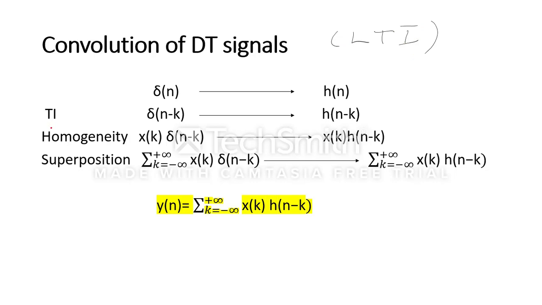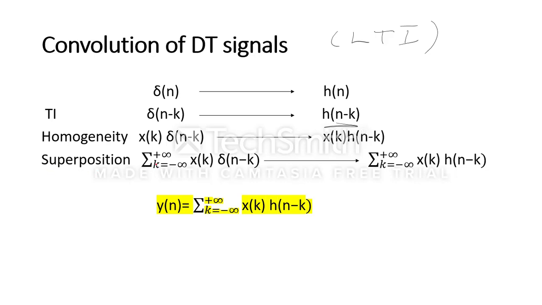If it is time invariant, then if we shift the input signal, there will be a shift in the output, because it follows the homogeneity property. So if I multiply x[k] as a constant at the input side, the same constant should come at the output side also, because an LTI system also follows the superposition theorem.